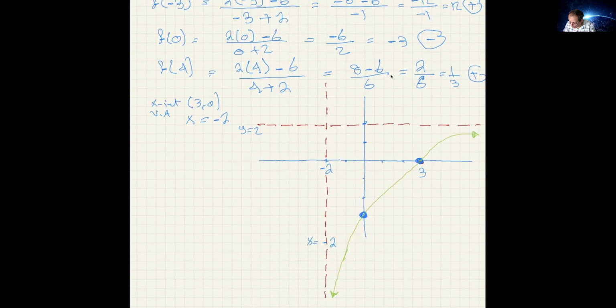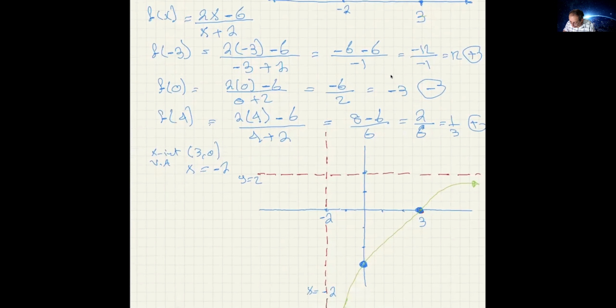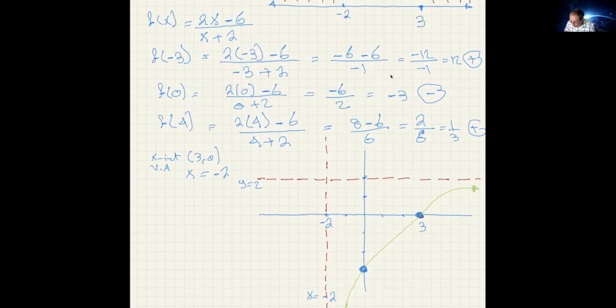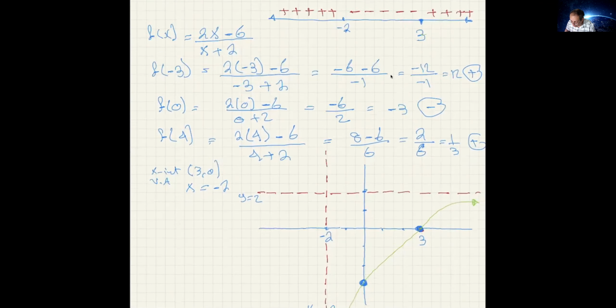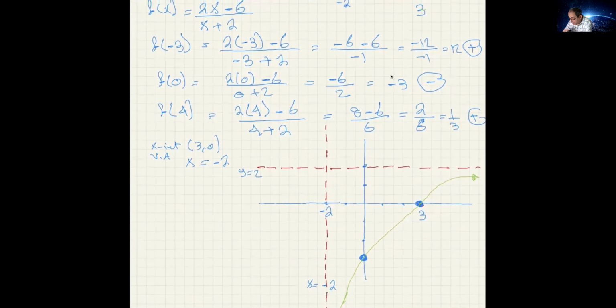Okay, so I graph it here because from 3 to infinity is positive, and from -2 to 3 is negative. But now from -2 to negative infinity is positive. So I'm going to go here and make this positive. But here's a question: where should I put the positive? Will it be here, down, or there?